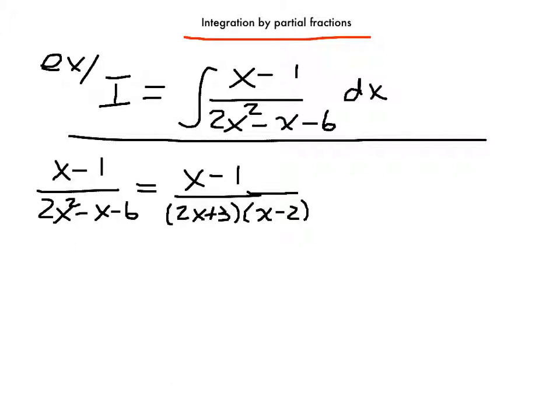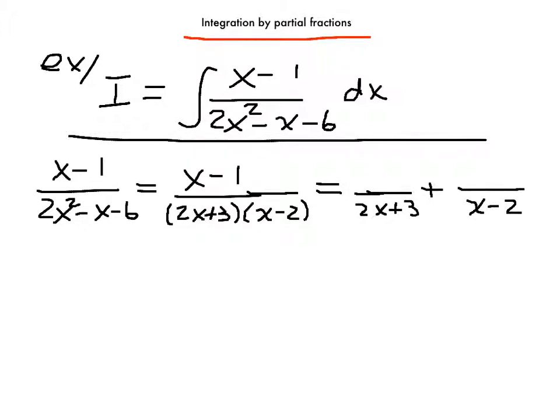And the thing about this technique is we actually work backwards. We say, okay, this particular expression right here might have come as the result of adding two fractions together, one of which would have as its denominator 2x plus 3, and the other would have as its denominator x minus 2.